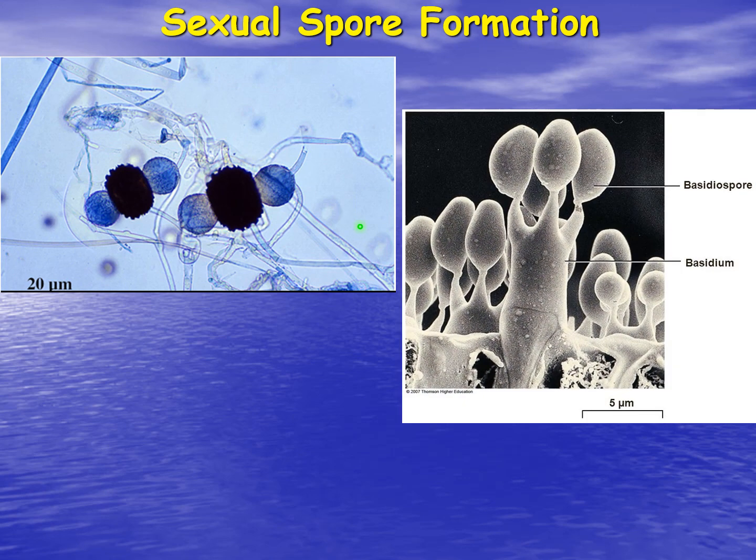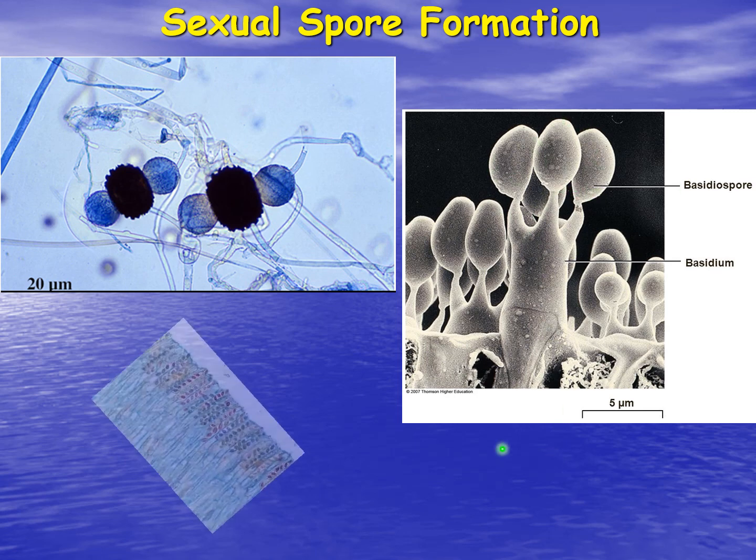This is another sexual spore that's formed primarily on mushrooms, known as a basidiospore. As the aerial hyphae grow up in the fruiting body of the mushroom, they will form these sexual spores on the tips of these hyphae that have grown together, and these basidiospores are then released into the environment.